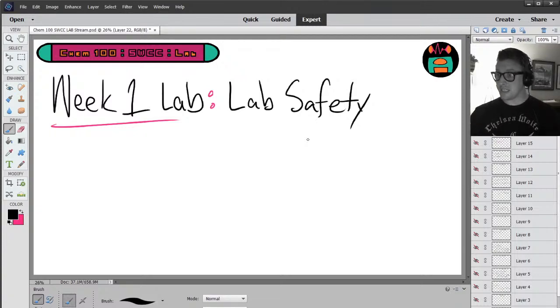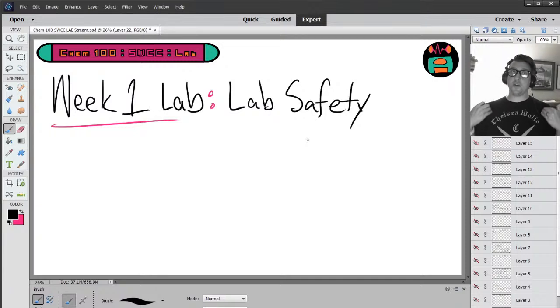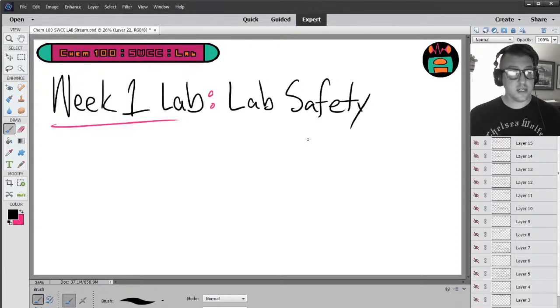The reason why lab safety is still a part of this course is even though none of us are setting foot in a lab this semester, part of the learning goals for this class is that you would understand the unique hazards and challenges and threats to safety that are present in a regular lab setting, so that the day that you do step foot inside a lab, you'd be familiar with standard practices, standard safety protocols, and you'd understand how to interact with that world.